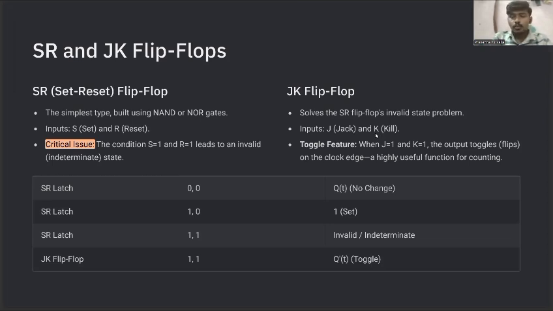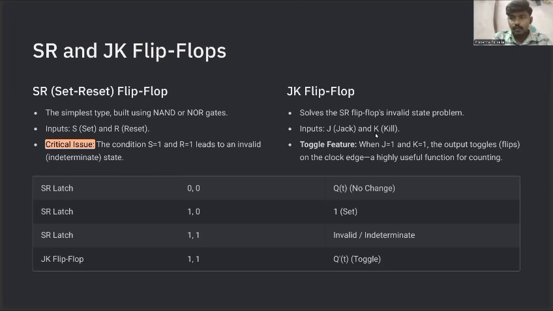Whenever both inputs are in a high condition, J equal to 1 and K equal to 1, the toggle state will occur. It is also called complement previous state. This means when both inputs are 1, the output switches or toggles, making the JK flip-flops versatile and widely used.